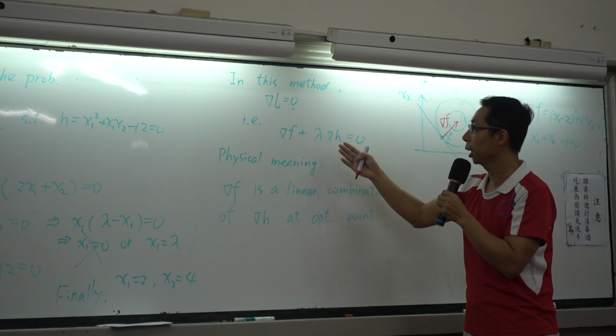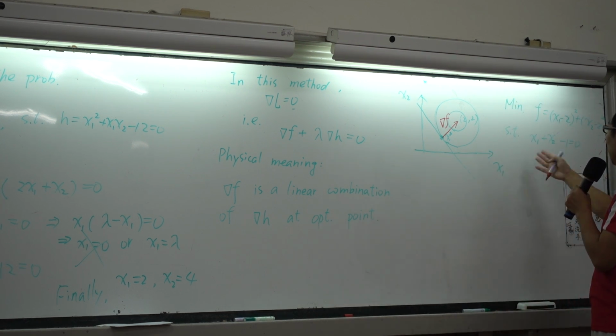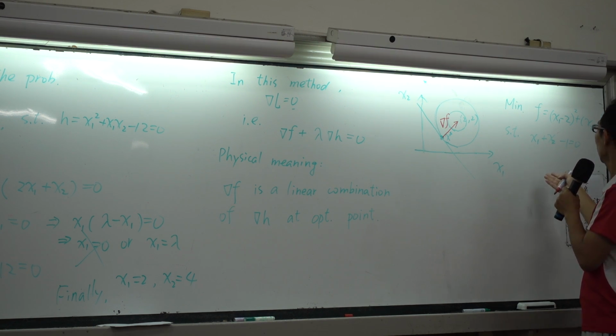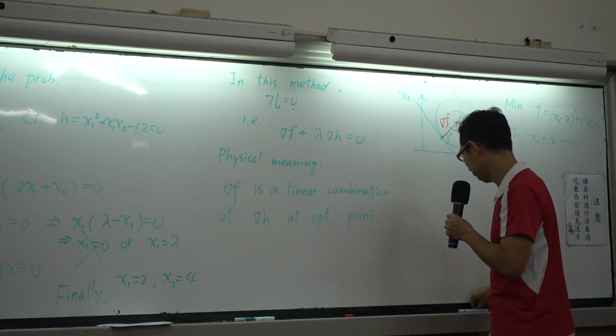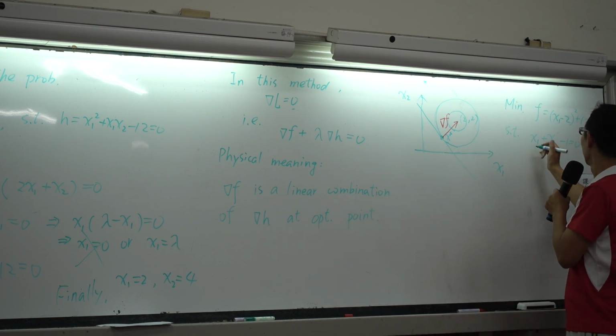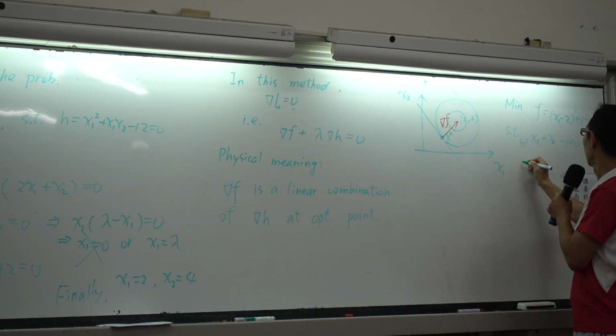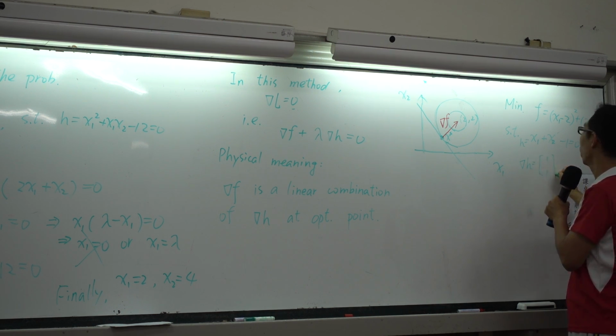And what is gradient h? Gradient h, h is this, and gradient h, okay, let's quickly write this down. So h is that. Gradient h is what? It's still 1, 1, okay?